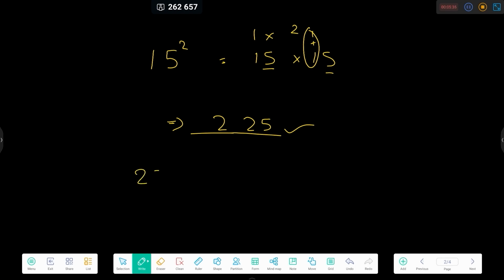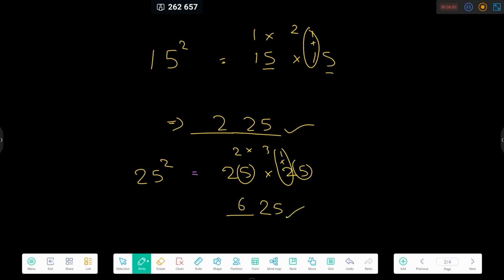Let's take another example. Let's say 25. 25 square is 25 into 25. 5 5s are 25. Now 2 into 2 plus 1, which gives us 3. So 2 into 3 is 6. Again, 25 square is 625.